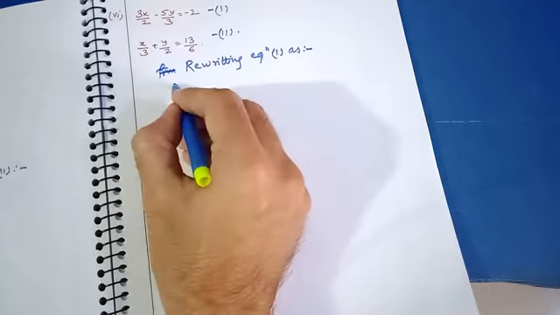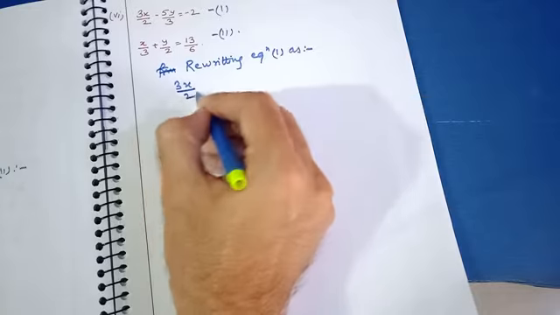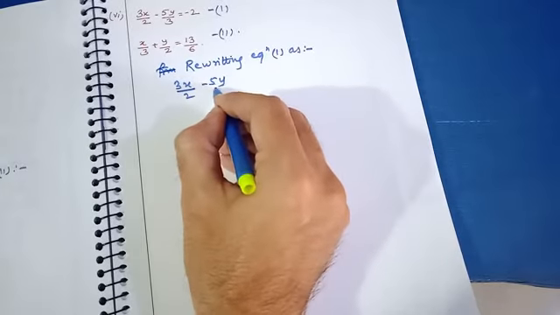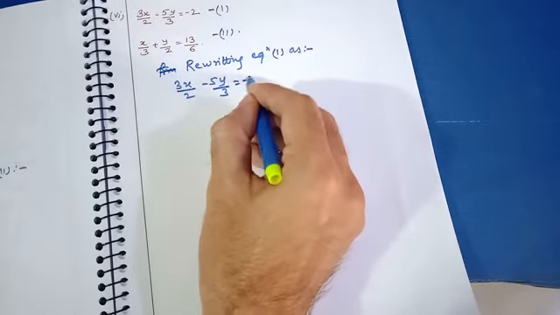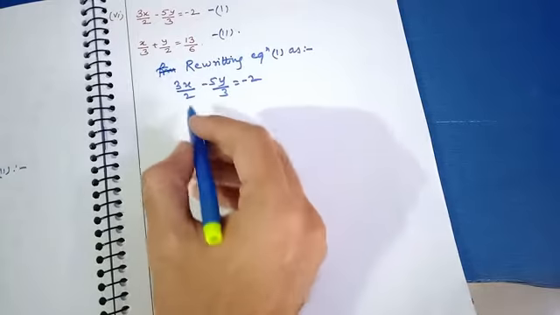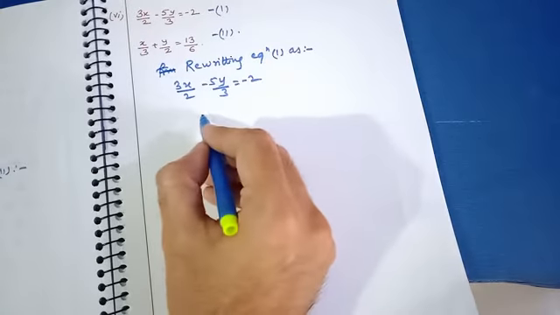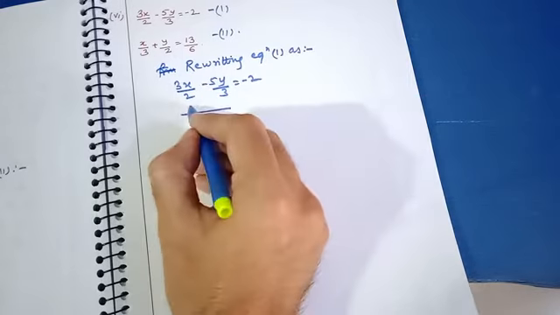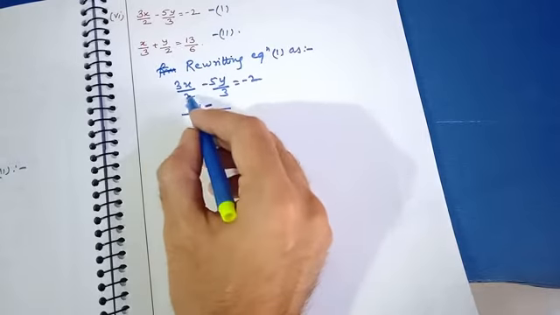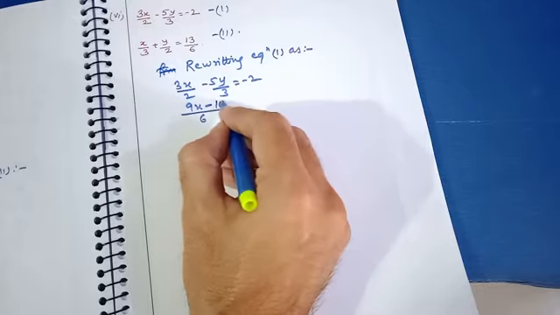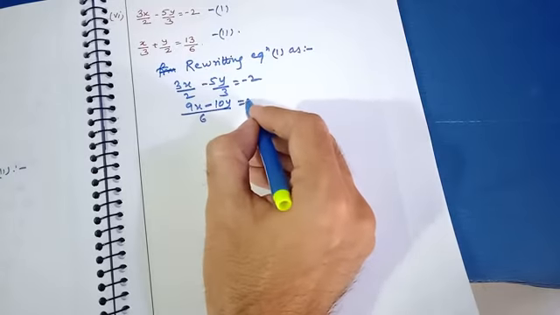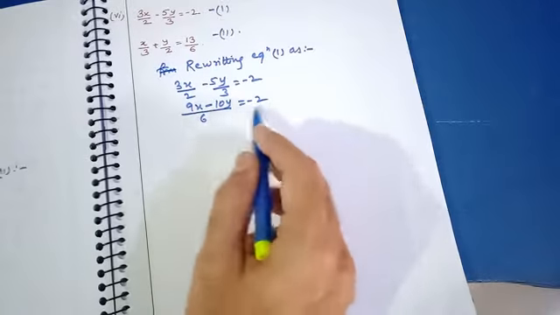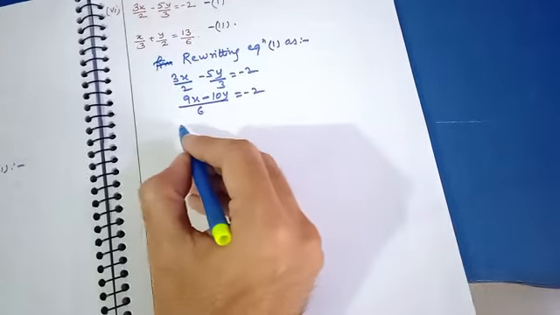Now see what is given to you: 3x upon 2 minus 5y upon 3 equals minus 2. Taking LCM, you will get LCM as 6, and here 3 will be multiplied, so it will be 9x minus, here 2 will be multiplied, so 10y equals minus 2. Now 6 will be multiplied with this.